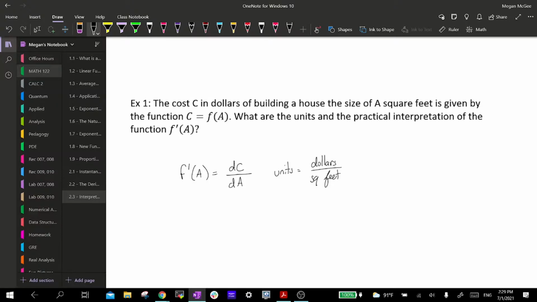Alright, so what is the practical interpretation of this problem? Well, you can think of the difference in cost, so our dC, as the extra cost of building an extra square foot of the house.